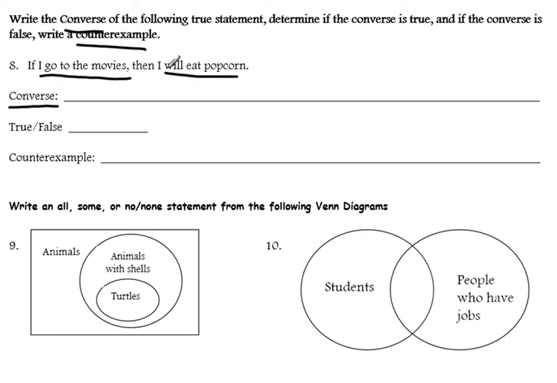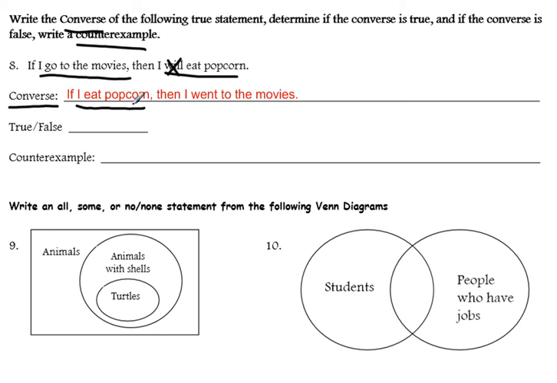So we're going to take the converse of that. We're going to flip our original conditional. So first, if I eat popcorn, then I go to the movies. We're going to cut out the word will, because if I will eat popcorn doesn't really make sense. So we say, if I eat popcorn, then I went to the movies. Okay, so in order to decide whether that converse is true or false, we have to figure out, when is this true?